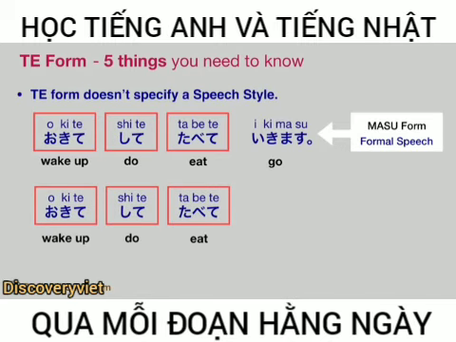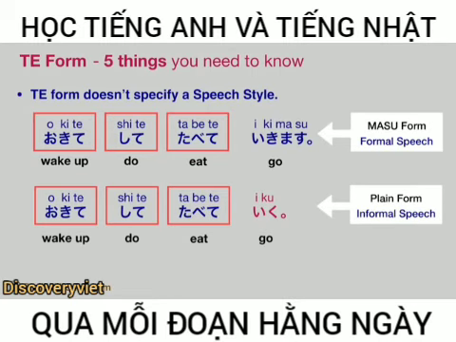In the second sentence, let's say you have the plain form of the verb go, which is 行く at the end. Ending a sentence with a plain verb means you are using the informal speech. Like this, even though the te forms in these two sentences are completely identical, the first sentence is formal speech, and the second sentence is informal speech because of the endings.